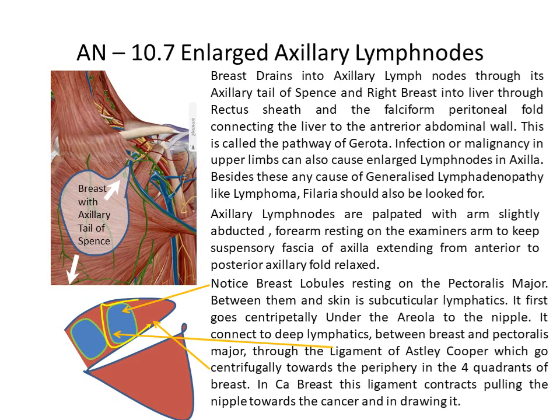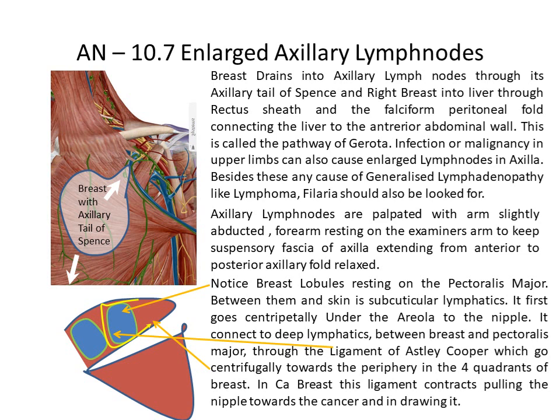Now, this is the breast lying on the surface of pectoralis major, and we have cut a section through it. So you notice the lobules of the breast, and between the lobule and the skin are the subcuticular lymphatics, which are going towards the areola centripetally and into the nipple. These subcuticular lymphatics are connected to deep lymphatics between the breast and the pectoralis major, which are going centrifugally.